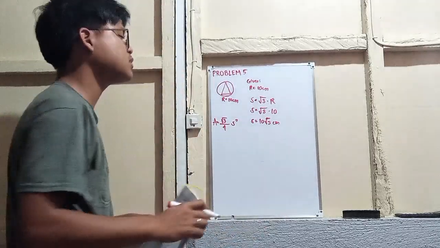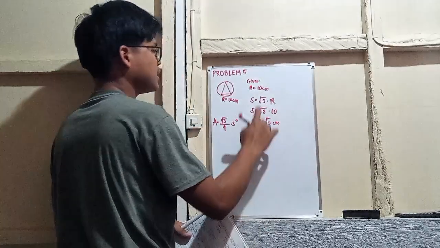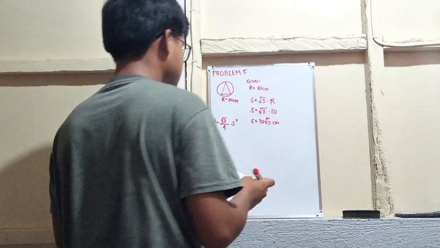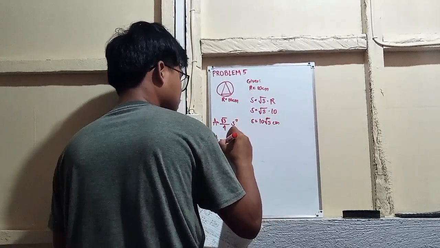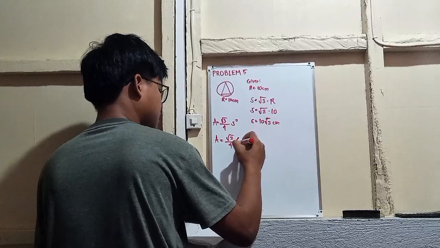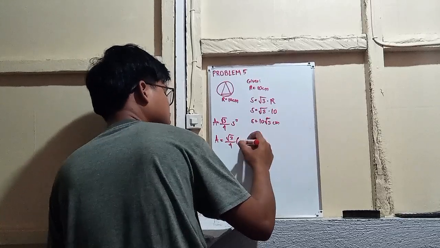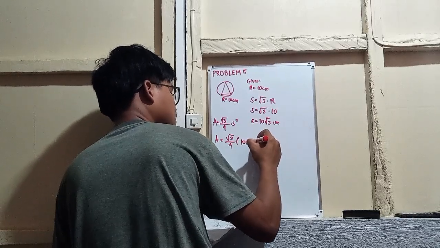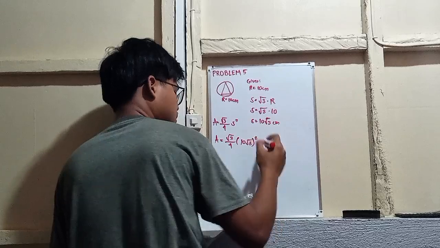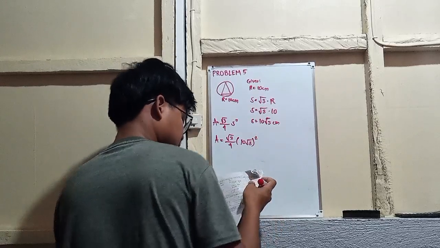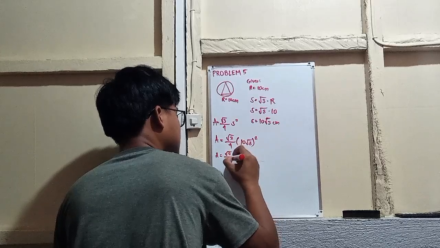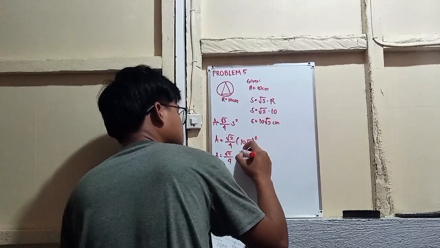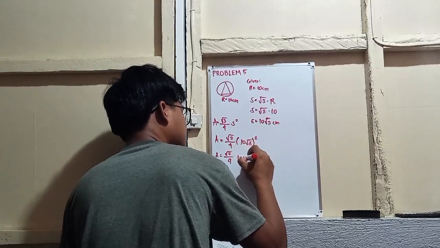Then we will substitute the solved side. So A is equal to square root of 3 over 4, then substitute the S, which is 10 square root of 3, squared. Then solve. So A is equal to square root of 3 over 4, then squared. So 10 squared is equal to 100.